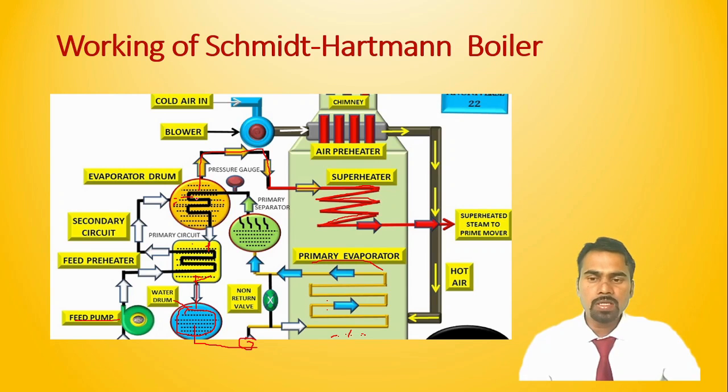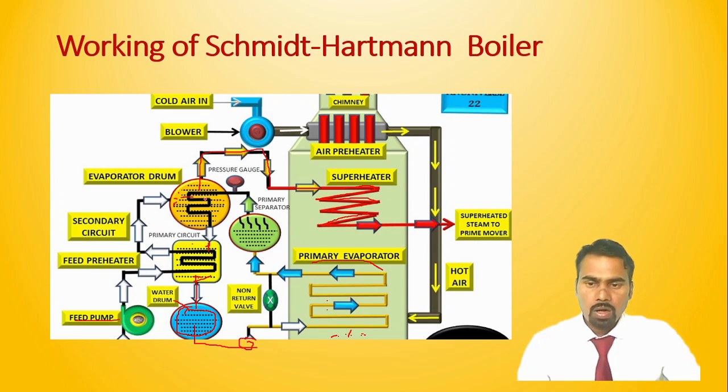So this pipe is surrounded by the saturated mixture of water and steam here. So here heat exchange takes place between this high temperature steam and this saturated water, so this water is converted into steam.